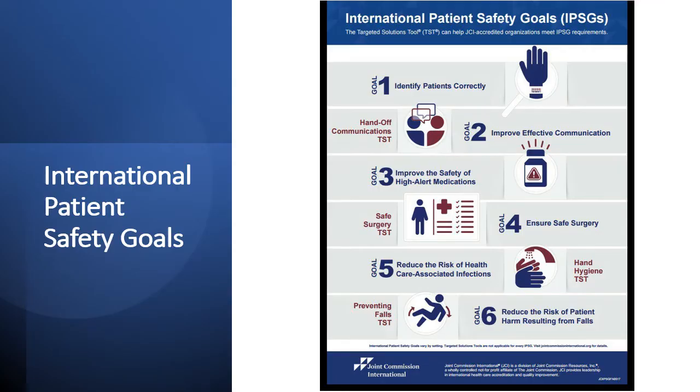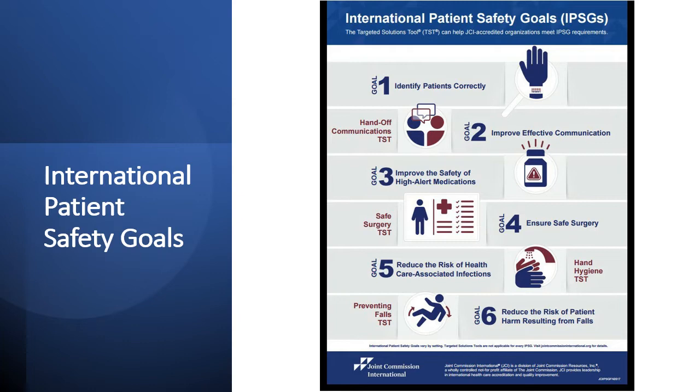Next, we also have your international patient safety goals. And in your international patient safety goals, your correct computation of medication would answer to goal number 3, to improve the safety of high alert medications. Because with improper dosage, your patient may die, may lose a limb, or the life of your patient will be threatened.